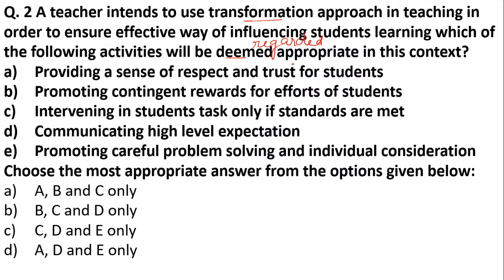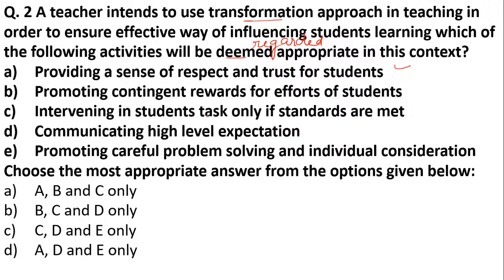Which of the following activities will be used if the teacher wants to use transformational approach, so that she is influencing students' learning? Providing sense of support and trust. Yes, this is right. Promoting contingent rewards for the efforts of students, means if students are doing good, they should be rewarded.